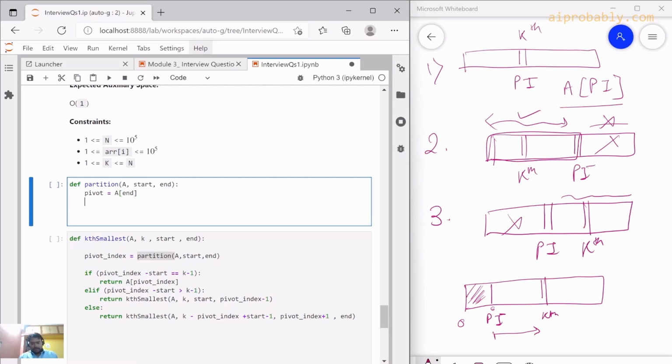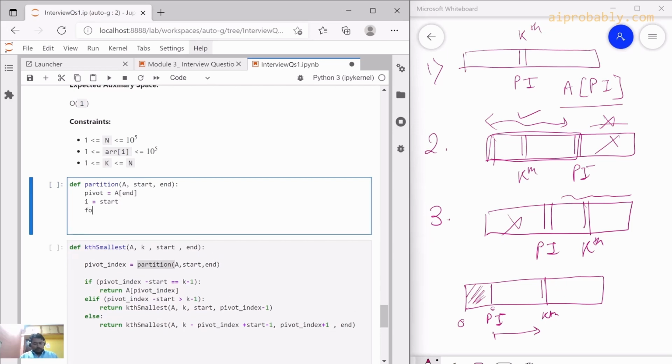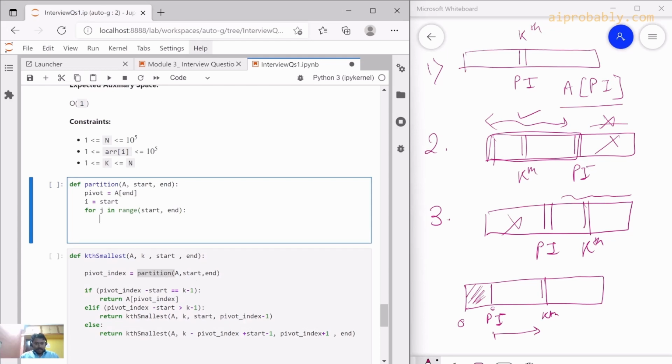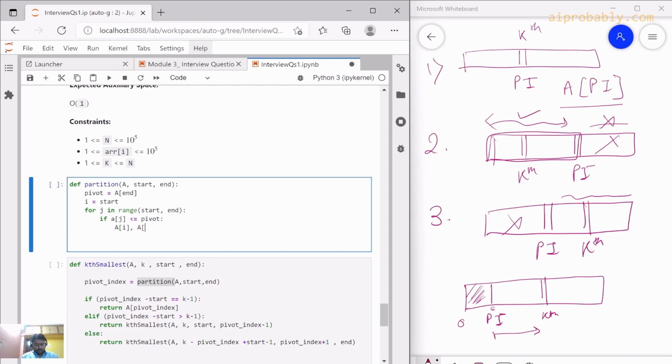Then once we figure out the pivot value, the next step is to initialize i to the start index value. Then we will run a for loop with j as its variable in range from start to end. And in this whole iteration, we will compare one thing, which is if a of j is smaller than or equal to pivot, then we are going to perform our swapping operation and increment the value of i.